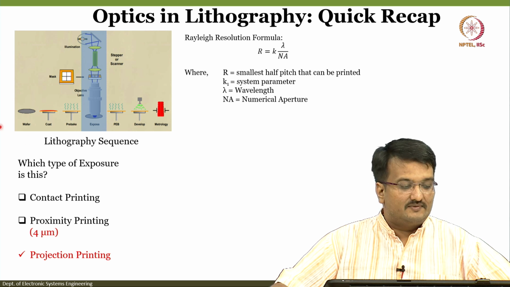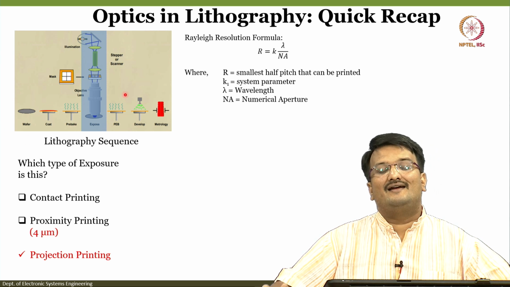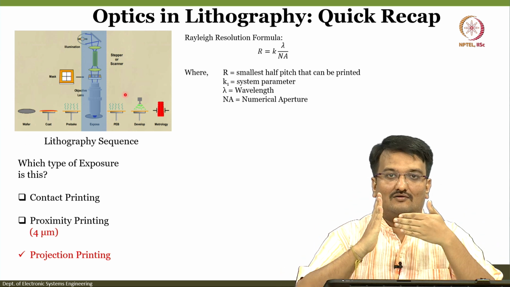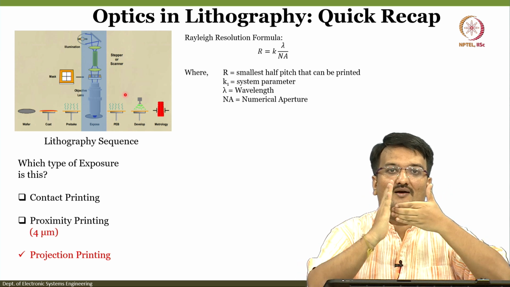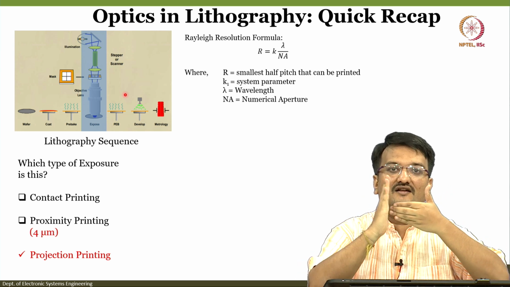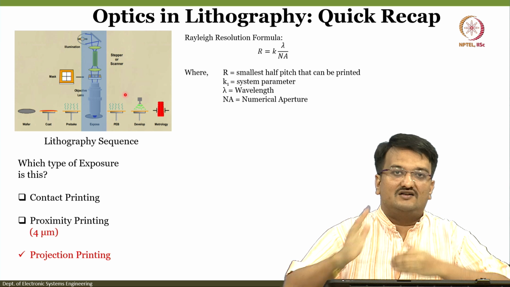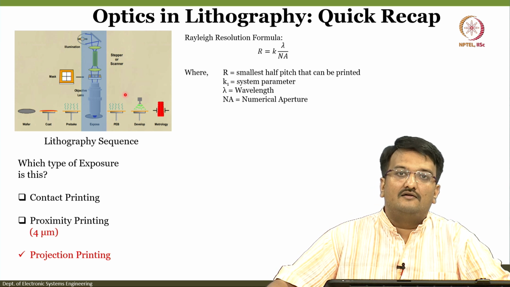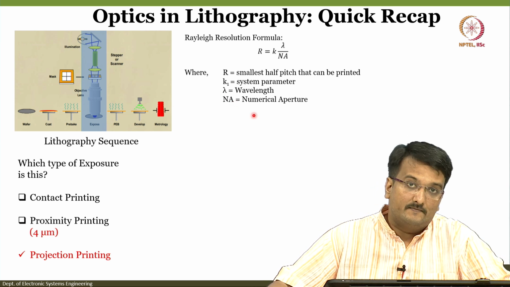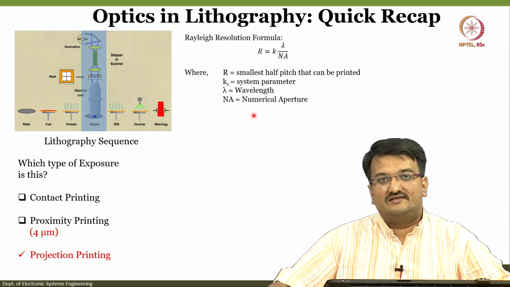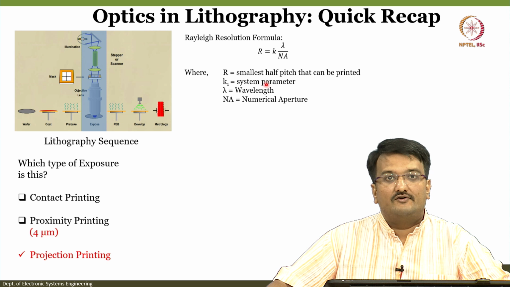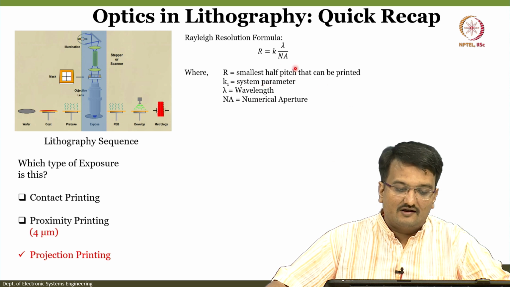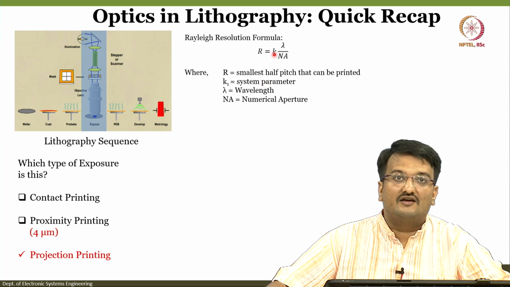Now, I have explained that if your light is getting incident in a normal manner, this is your mask, this is your light, then means 90-degree angle ideally. If it is in a normal manner, then the K value would be 0.5. If it is in oblique incidence, the K value would be 0.25. Based on that, your resolution would be calculated. That is what we have seen about the K value.